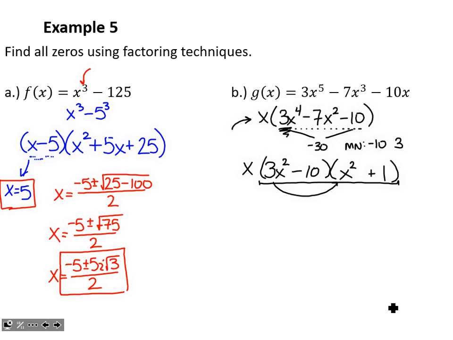So what do I have for solutions? I've got a loose x, so x equals 0 is one of my solutions. And then right here, if I were to imagine that factor set equal to 0, I would add 10 to both sides, divide by 3, and then square root.